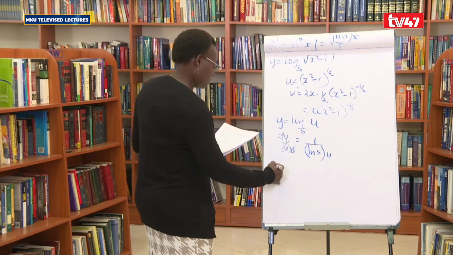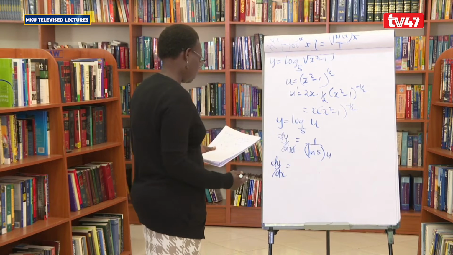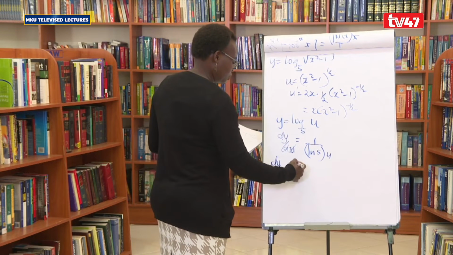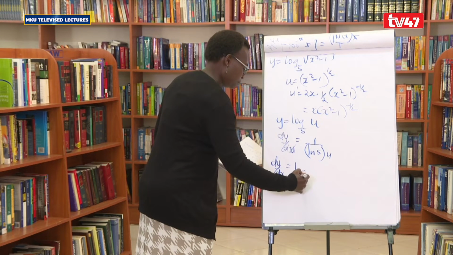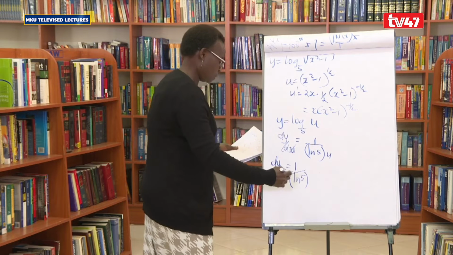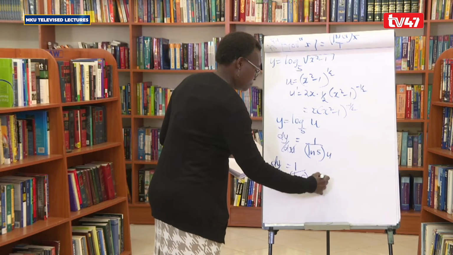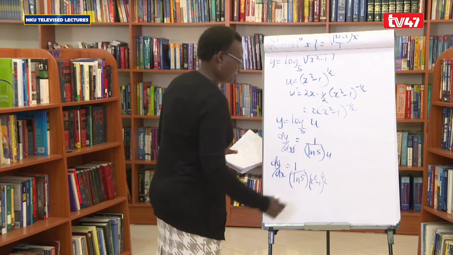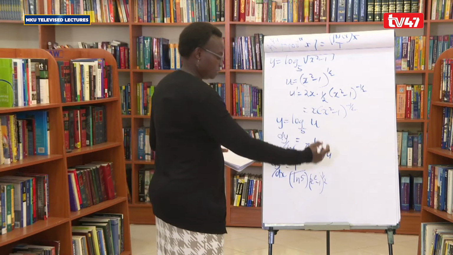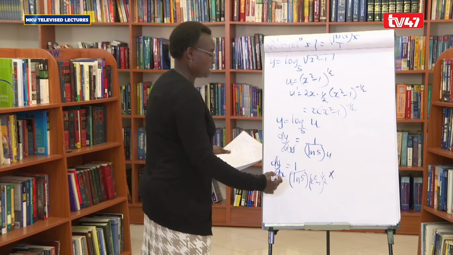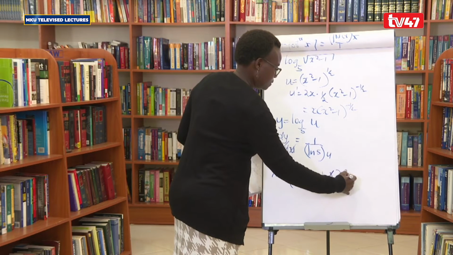So this will give us our dy over dx as the product of the two, and of course we substitute what u is. That would give us 1 over ln 5, and then u is x squared minus 1 raised to power a half, and then we are multiplying that by the derivative of our first function that was within that function, so times x squared minus 1.